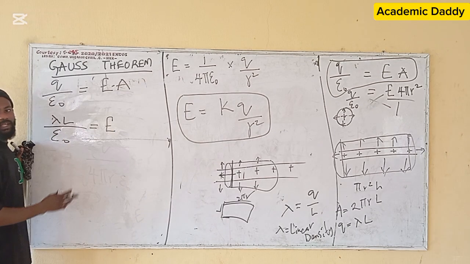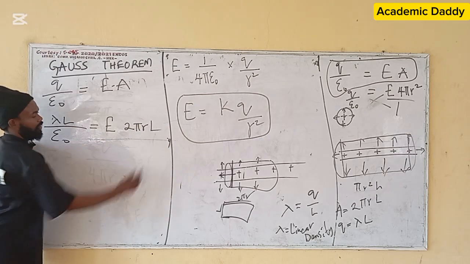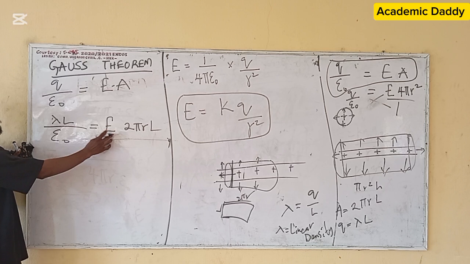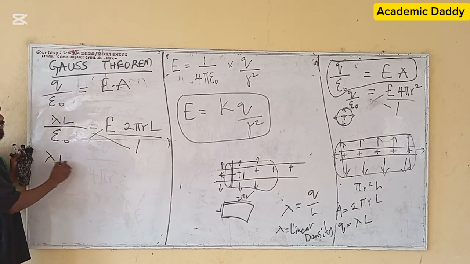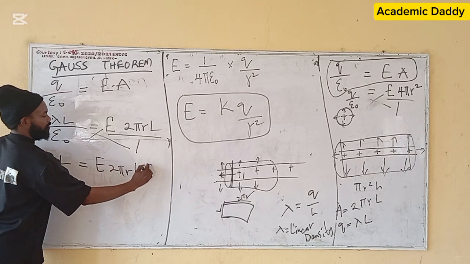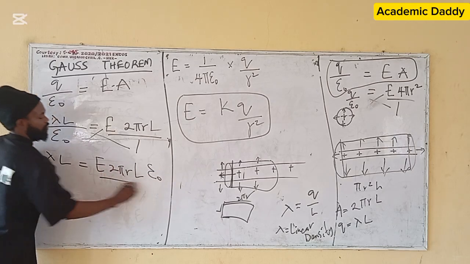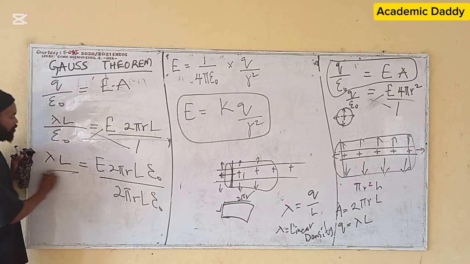Now, the area for a cylinder is going to be 2 pi r L. Very simple. So if I make this the subject of the formula, lambda L is equal to E 2 pi r L epsilon naught. Divide by 2 pi r L epsilon naught.